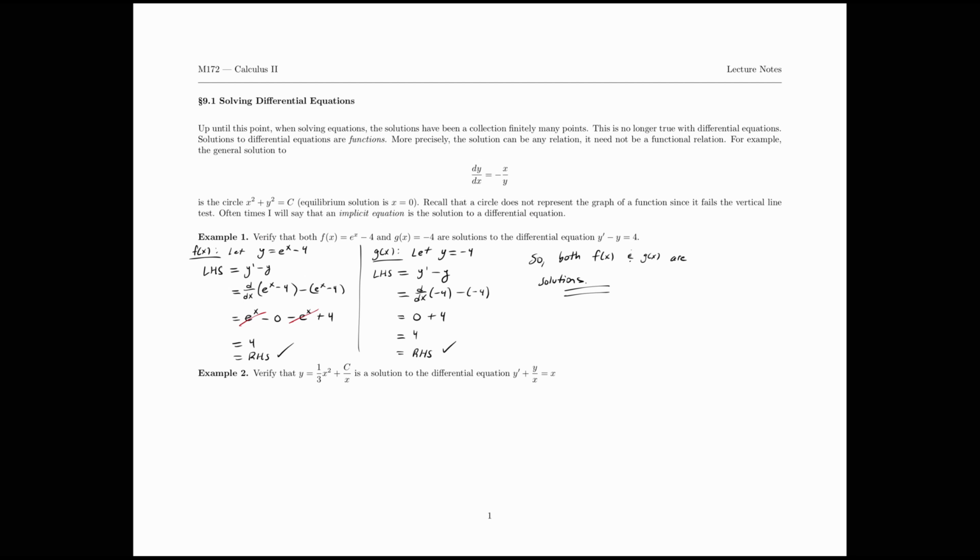Same idea. Example 2. Verify that y equals 1/3 x squared plus c over x is a solution to this differential equation. Okay, so we'll start with the left-hand side and work our way in an orderly fashion until we arrive at the right-hand side. So the left-hand side is y prime plus y divided by x.